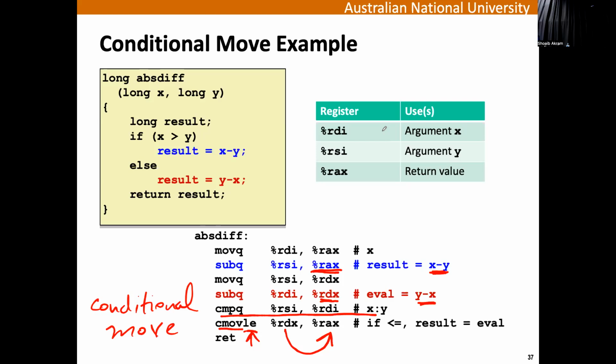The moment you get a branch, you have to stop, because you cannot do anything. You don't know what the next instruction is going to be. This is why branches really kill performance. And they have something called a branch predictor to guess what the target address is going to be.